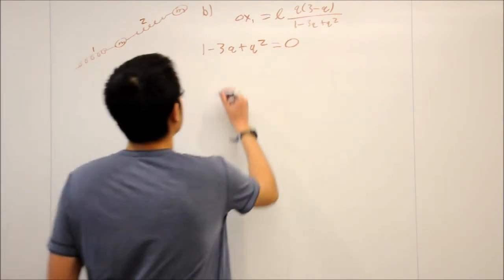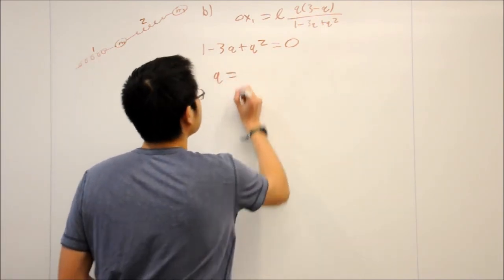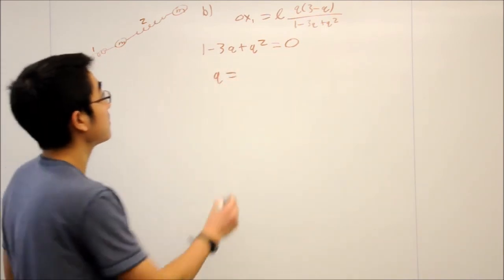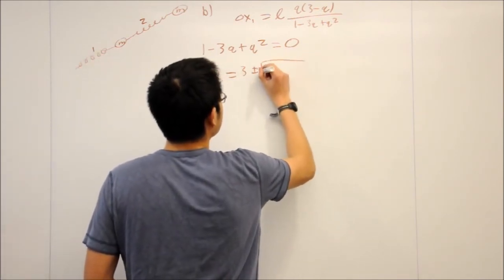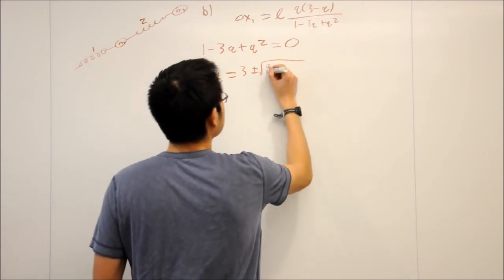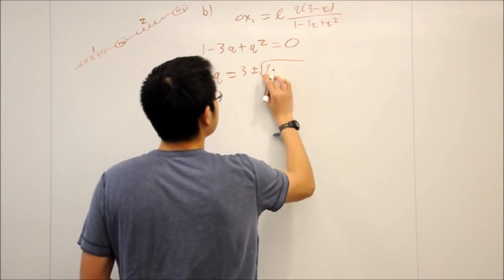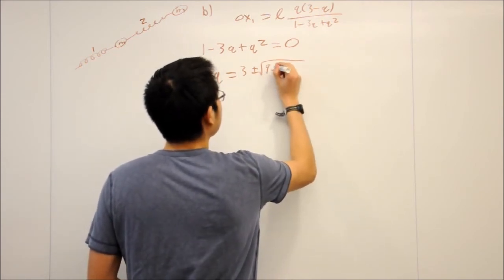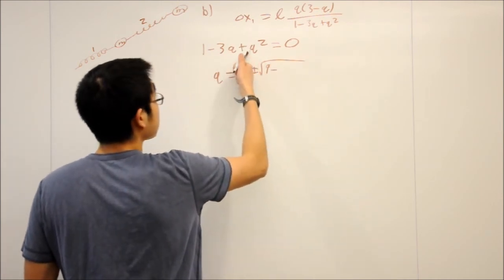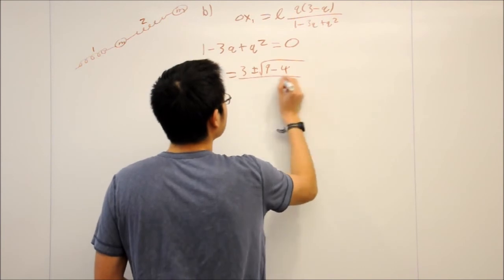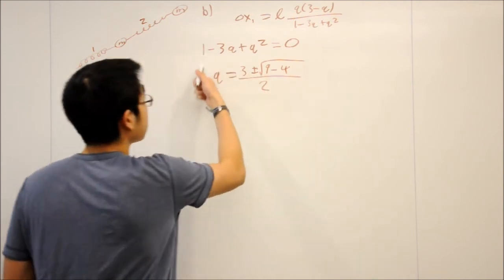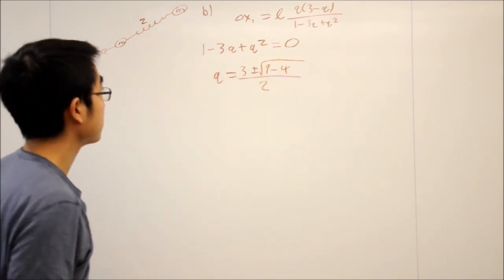Now using the quadratic formula, we get that q is equal to 3 plus or minus the square root of 3 squared, which is 9, minus 4 times 1 times 1, which is 4, all over 2 times 1, which is 2.